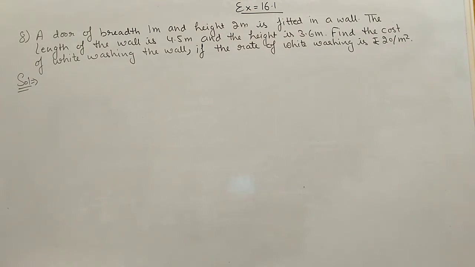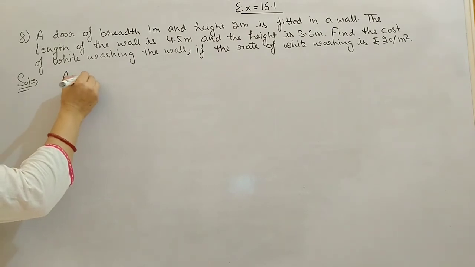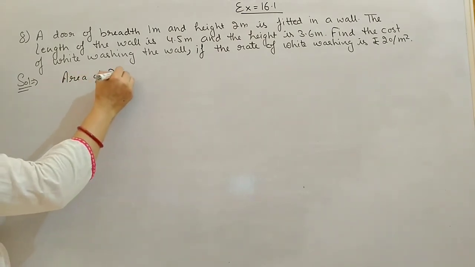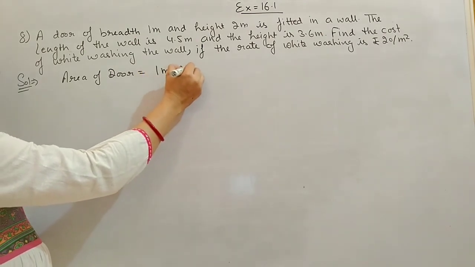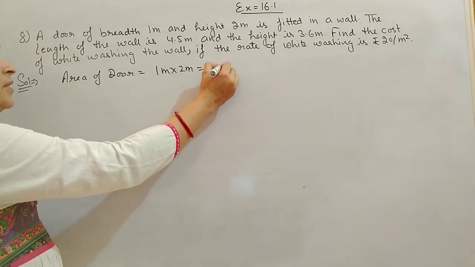To find out the cost of whitewashing, we have to find out the area of wall, and because we will not whitewash on the door, we have to subtract the area of door from the wall, and after that we will find out the cost of whitewashing. So first we will find out the area of door. Area of door is equal to 1 meter into 2 meter is equal to 2 meter square.